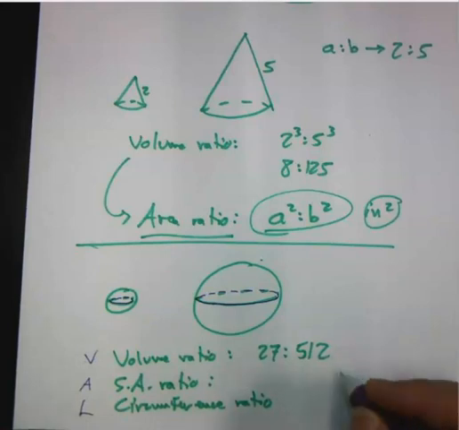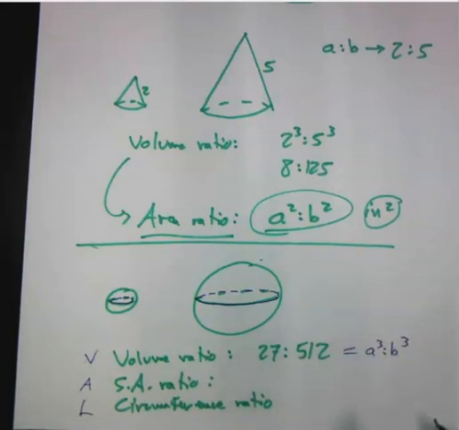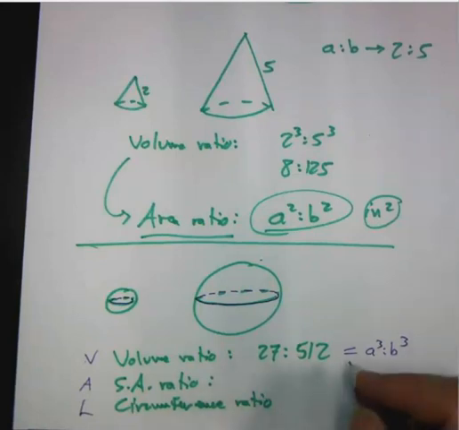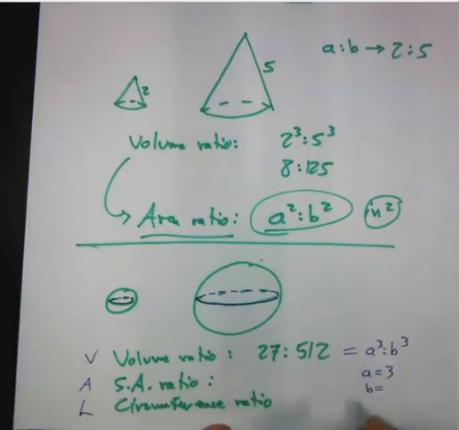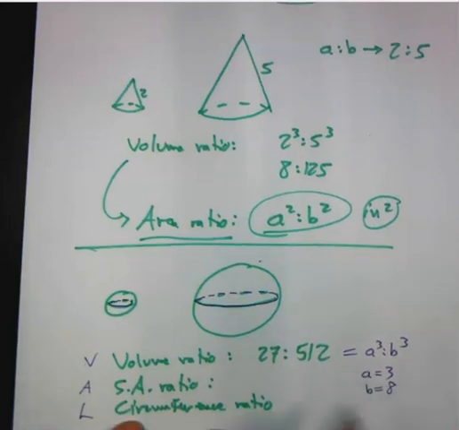I'm giving the volume ratio. Well, that should be the cube of the most fundamental ratio, which is the length ratio. And luckily enough, 27, if you take the cube root of that, it's going to be 3. If you take the cube root of 512, that's actually 8. So in fact, the circumference ratio is a 3 to 8 ratio.